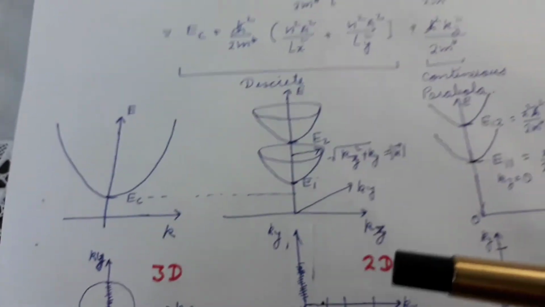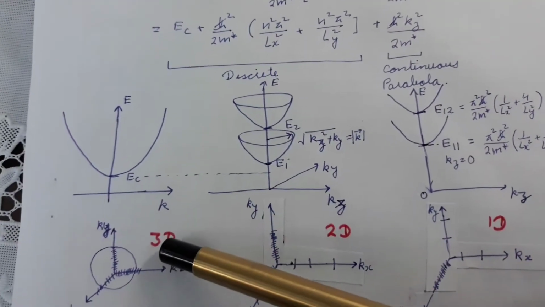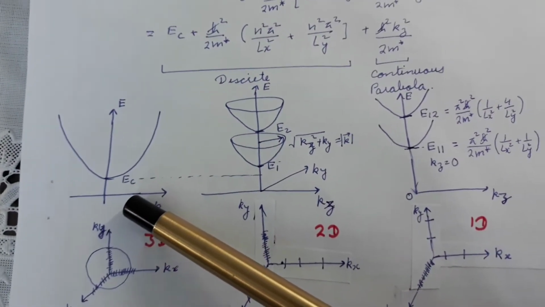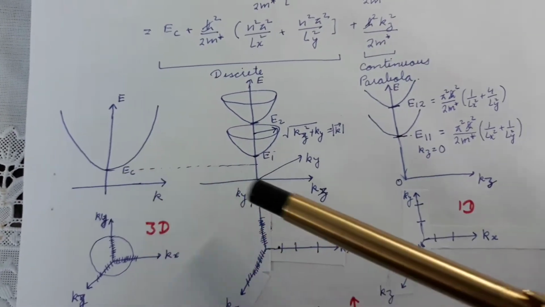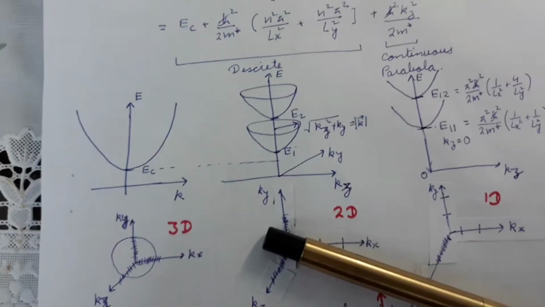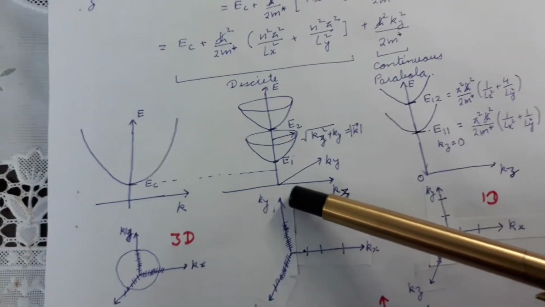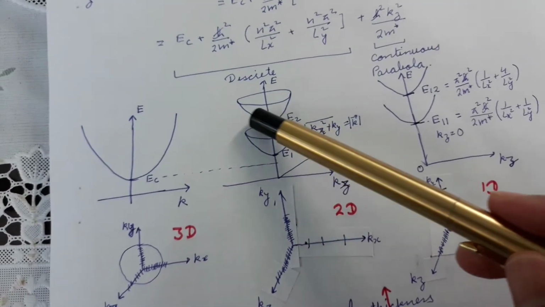So if we now compare it with the bulk, you see that in bulk all the k values were allowed, and it was a parabola in all the three directions. In the two-dimensional material, the dispersion relation is parabola in two directions, while in one direction it is quantized.